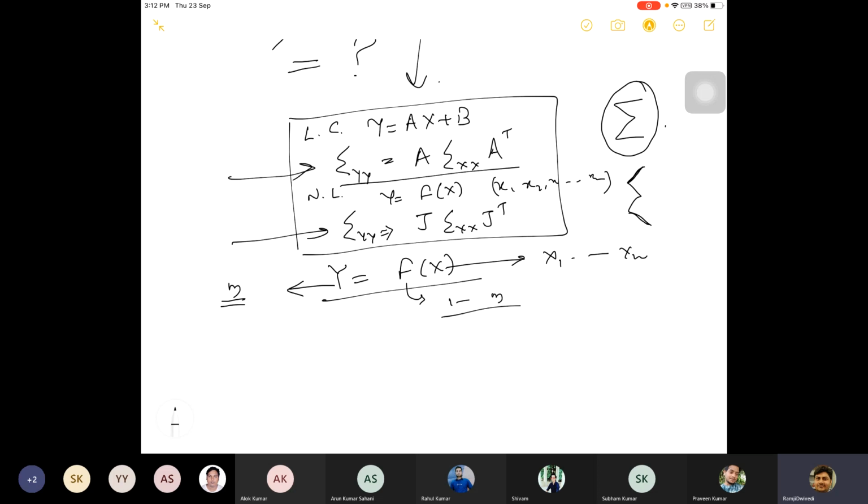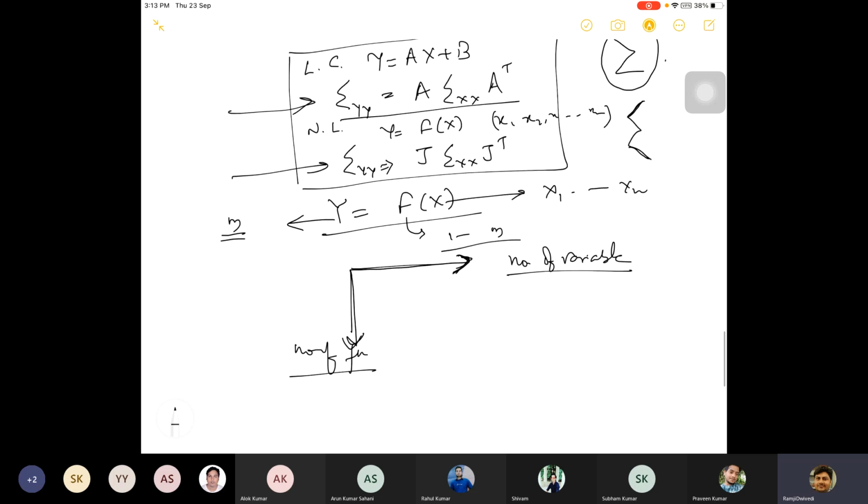The Jacobian is formed from partial derivatives: on the right-hand side it goes towards the number of variables, and on the bottom it goes down to the number of functions. So the Jacobian becomes m cross n.